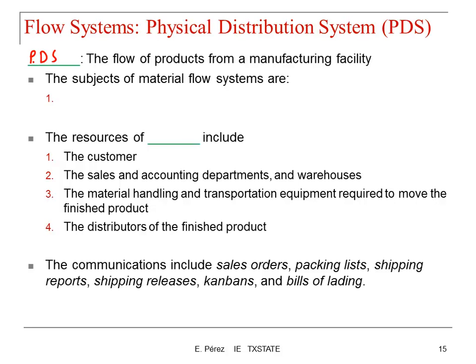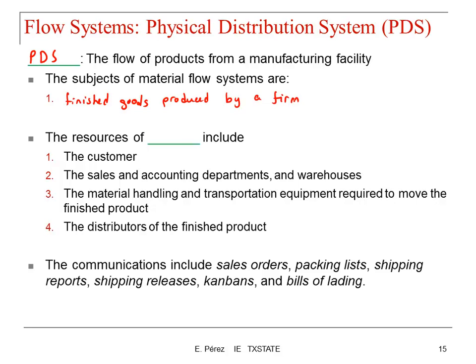In the physical distribution system, the materials or the subject of flow are the finished goods produced by a firm.